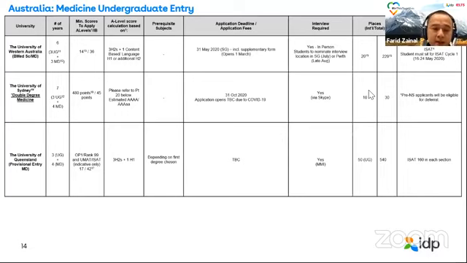Last but not least, on the direct entry for undergrad would be the University of Queensland. Before I proceed any further, I just need to share that Queensland is a little different from the rest. This program is only open to fresh school leavers who have completed and received their high school qualifications the year preceding the commencement of the program.